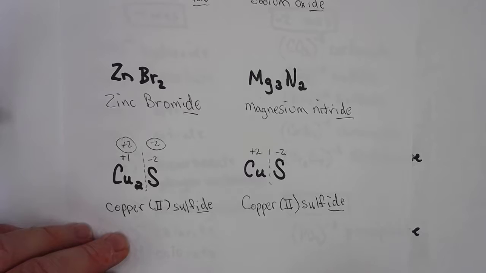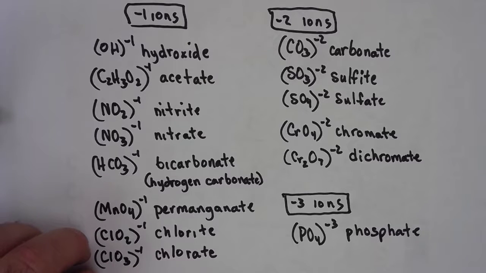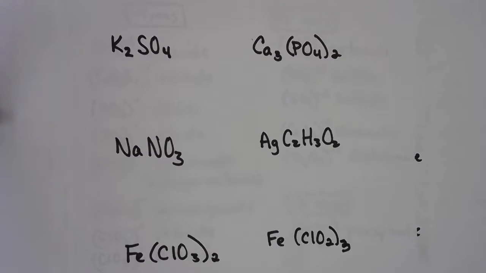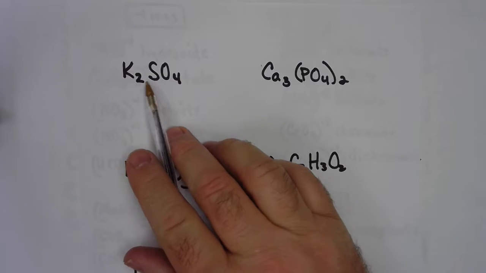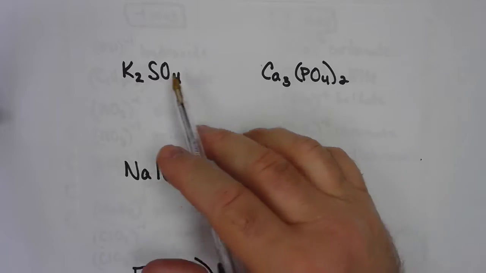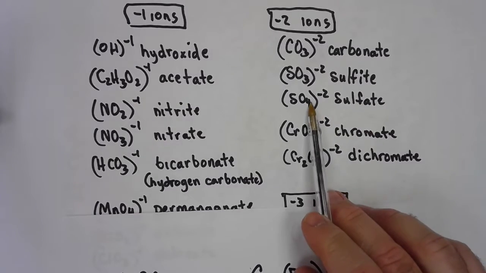When we get more elements involved, that's where these polyatomic ions come into play, and you need to start recognizing them when you see them in a formula. Sometimes they have parentheses if they need it, sometimes they don't. For example, on this first one, K2SO4, there are no parentheses around the SO4, but SO4 is the sulfate ion in this case.